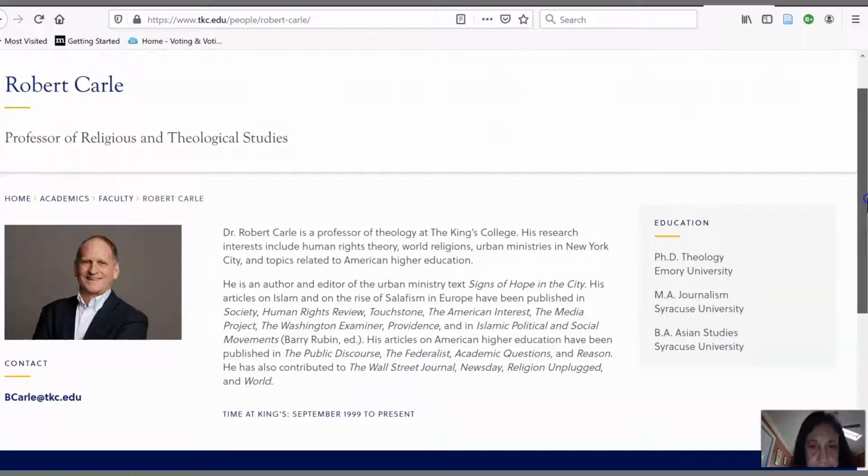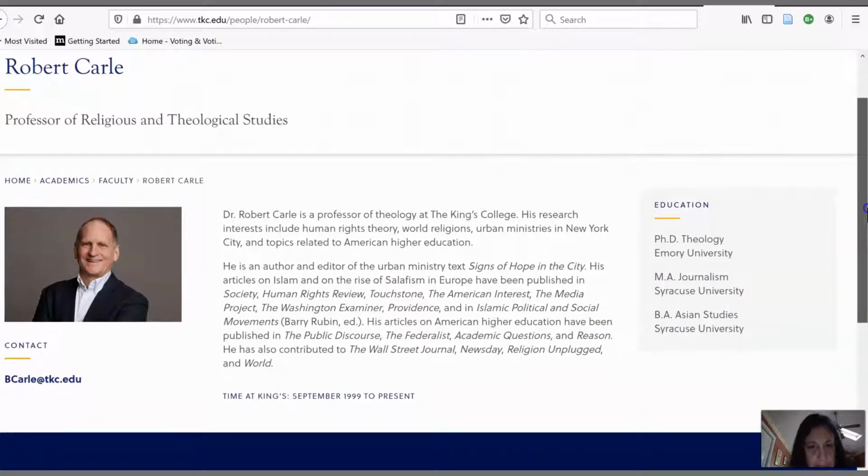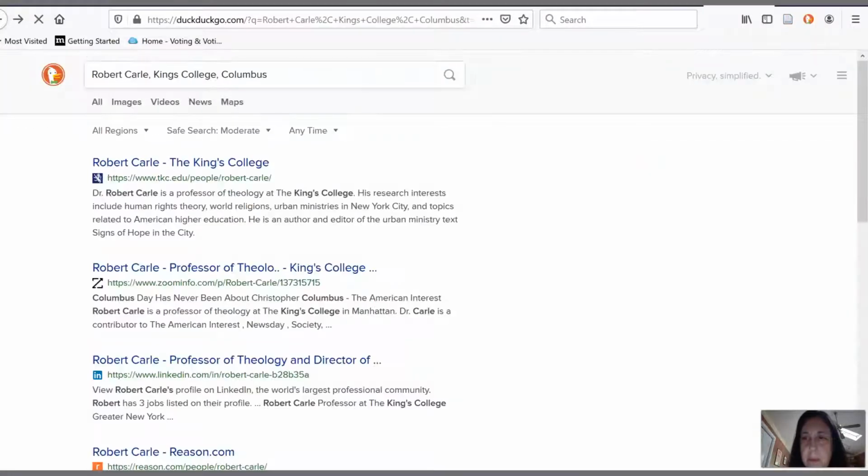Okay, interesting. So it tells me he's written for the Wall Street Journal, Newsday, Religion Unplugged, The Federalist. So I see some conservative publications in here, for sure. But there is, again, nothing wrong with that. I'm not looking at any problems with a political point of view or a conservative point of view.